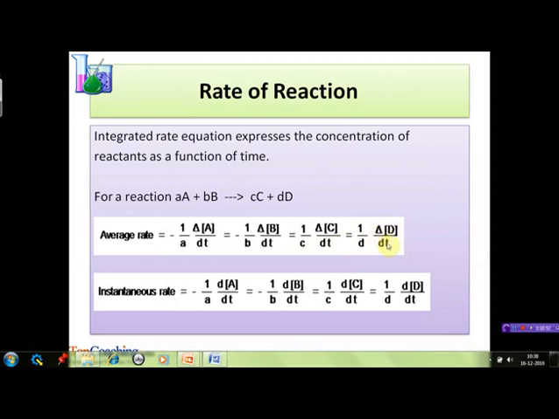We can also calculate the instantaneous rate, which will be equal to minus 1 upon a dA upon dt. dA will be the change in the concentration of that reactant at that particular instant of time. It can also be equal to minus 1 upon b dB upon dt, or 1 upon c dC upon dt, or 1 upon d dD upon dt.